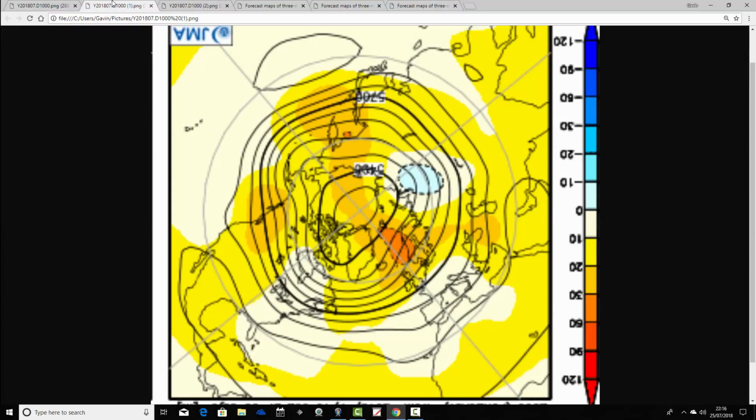This is how September is looking. So for September, we find that we get an area of above average height still there to the north of the country. It's a little bit further north, so we're bringing more of an east or possibly even northeasterly flow in across the country. And pressure is weakening a little bit down to the south. So although it does look very anticyclonic and not all that different from August, I think that would probably be not as warm.